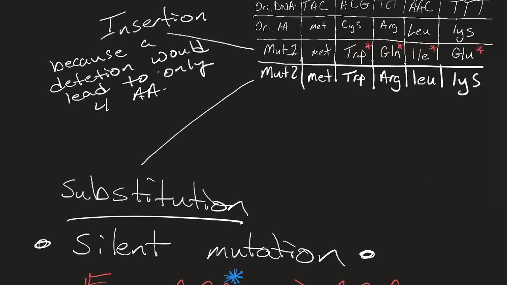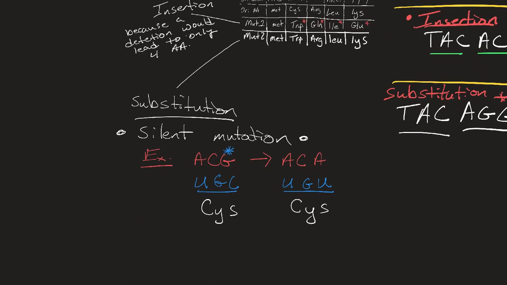But remember, you could have changed this last position to ACT, and if you would have changed it to ACT, then that would have stopped it. That would have destroyed the protein, because ACT would have given you the RNA UGA, which is a stop.